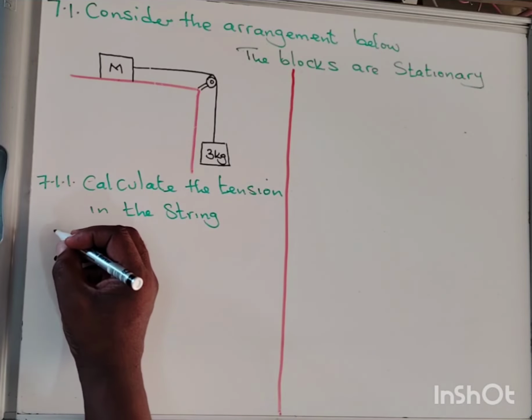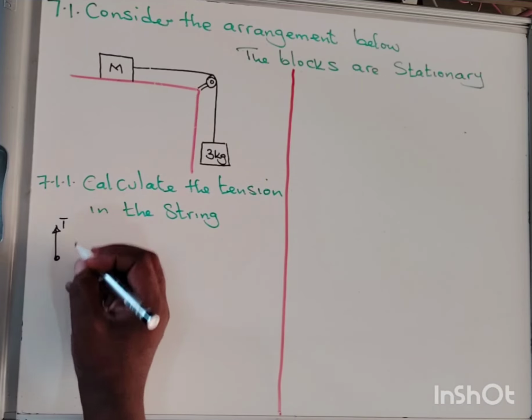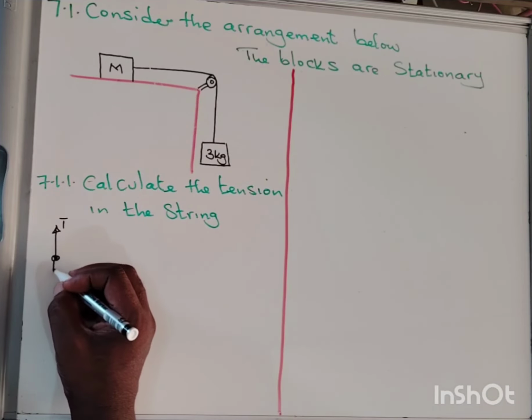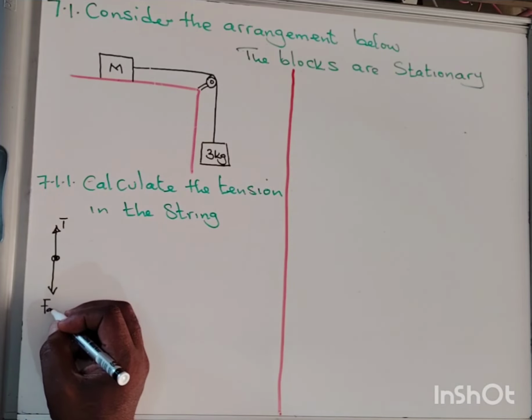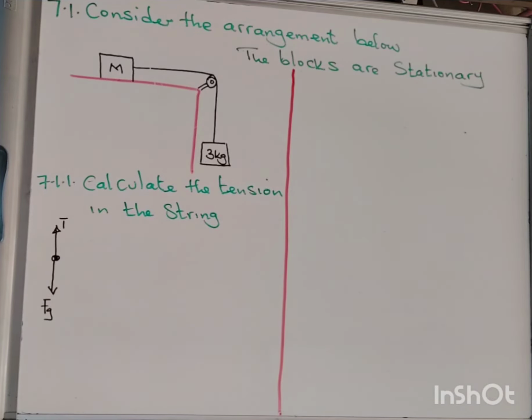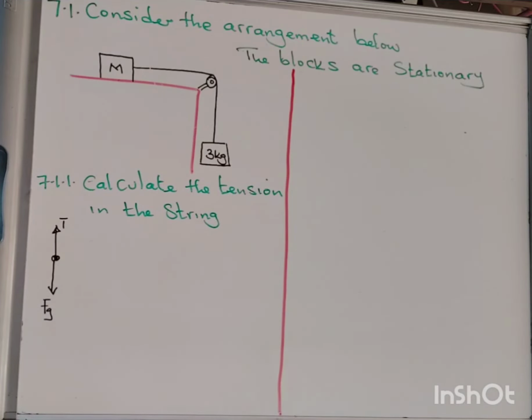Here we have our string creating the tension, and you have Fg, or gravitational force. We are saying the blocks are stationary. That is called equilibrium, static equilibrium. So if the blocks are at equilibrium, how do you go about this?